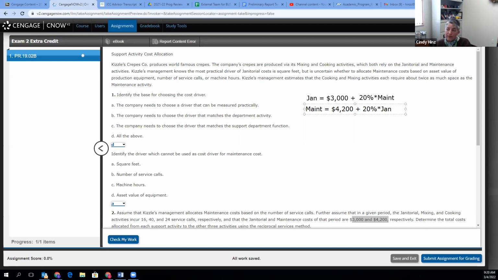Janitorial is allocated based on square footage. So 20% of the total square footage, if we do 2x and 2x and 1x, that's 5x. And maintenance is 1/5, 1x out of the 5x. That's where the 20% comes from. Everyone okay with where those equations come from?